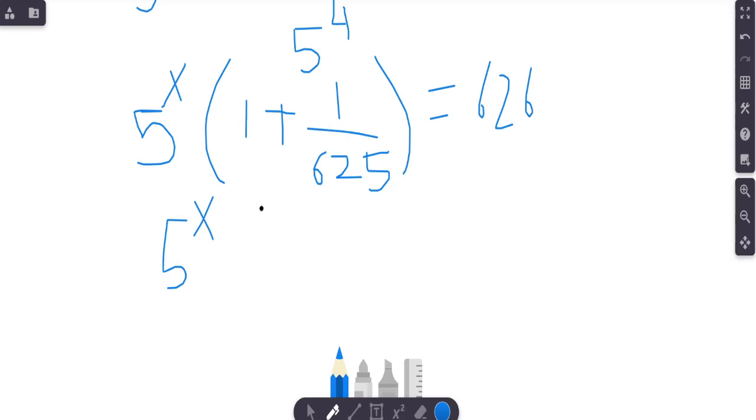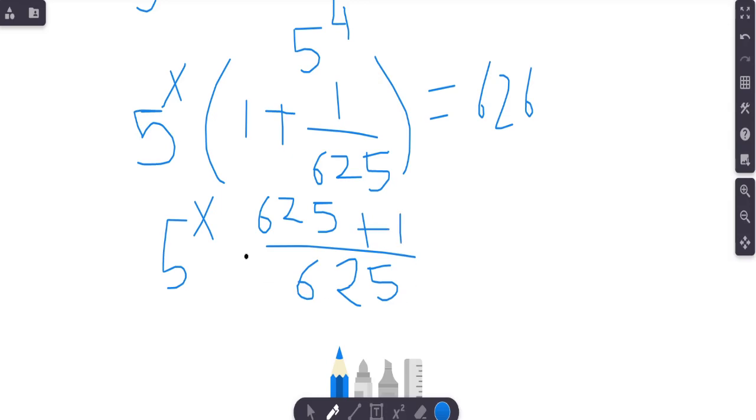And so we have, let's put everything on the same denominator. We have 625, and on the top we have 625 plus 1 equals 626.